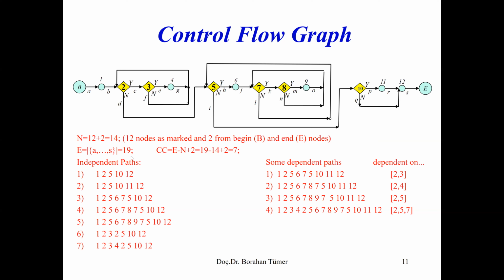By finding the cyclomatic complexity, you find the number of the independent paths, but then you have to turn back to the control flow graph and check them each out manually. Okay, Ömer?